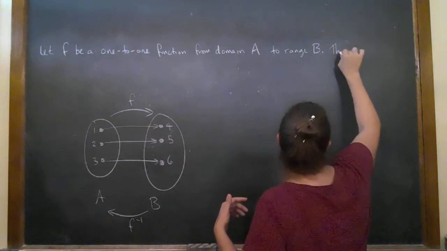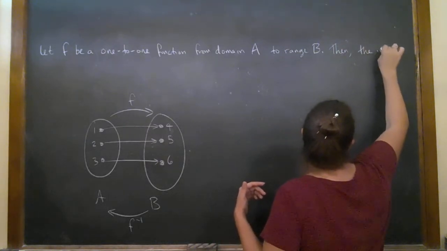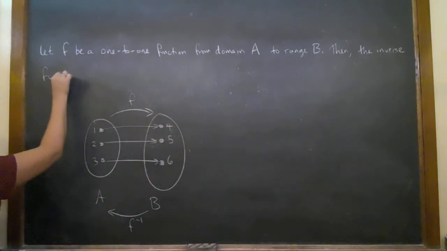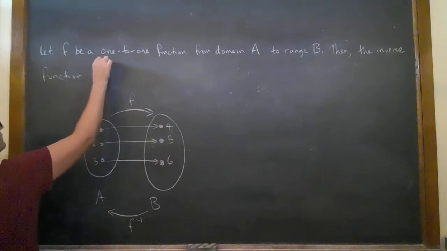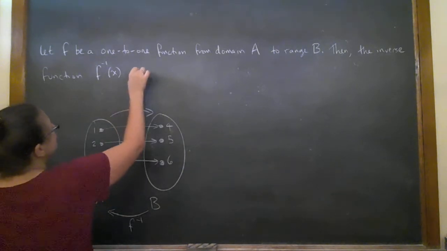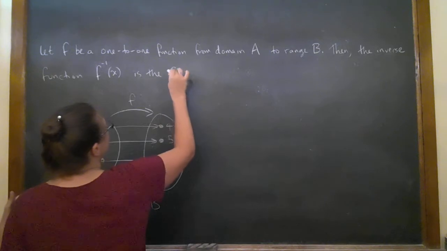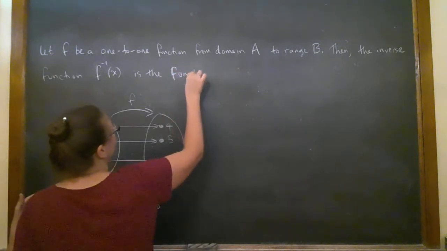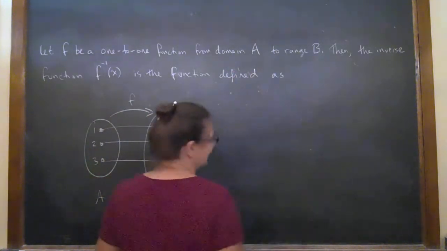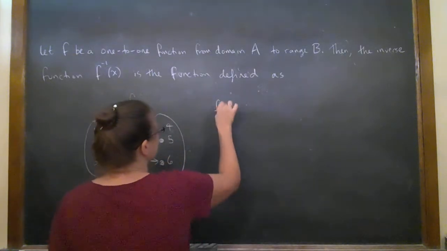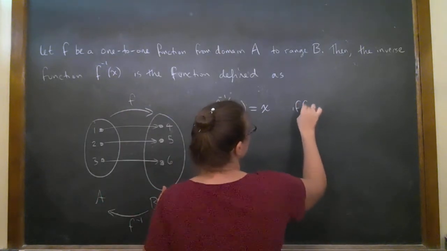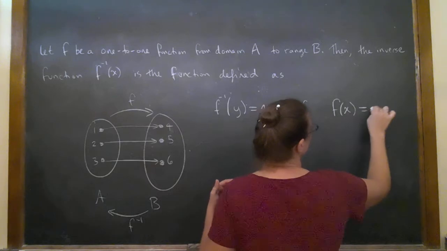Okay, then the inverse function, and our notation is f with a minus 1, f minus 1 of x, is the function defined as f inverse of y equals x if and only if f of x equals y.